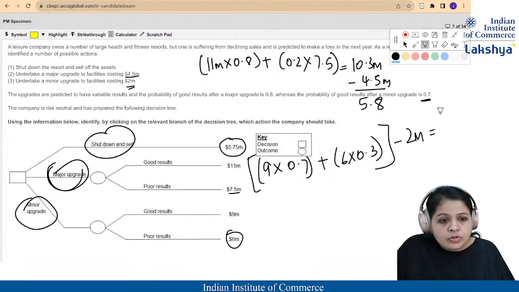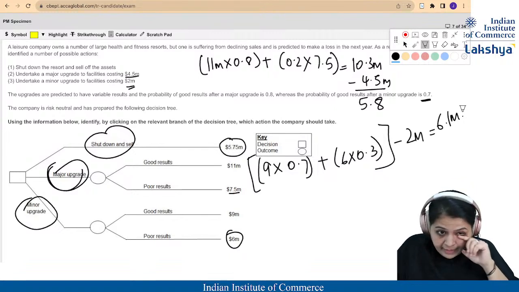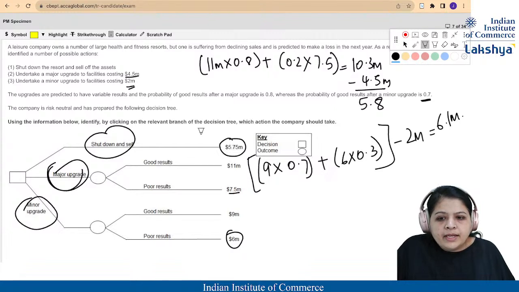And that value comes to 6.1 million, right? Now, from the expected values that we have got, you'd realize that if you shut down, the income that the company will generate is 5.75. If you take a major upgrade, it is going to be 5.8. And if you take a minor upgrade, it's going to be 6.1 million, right?